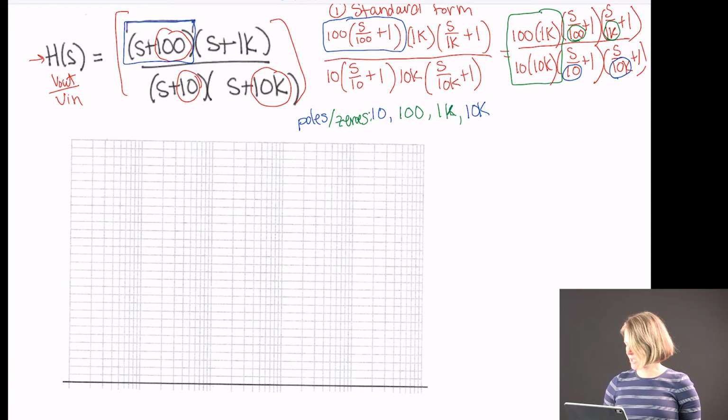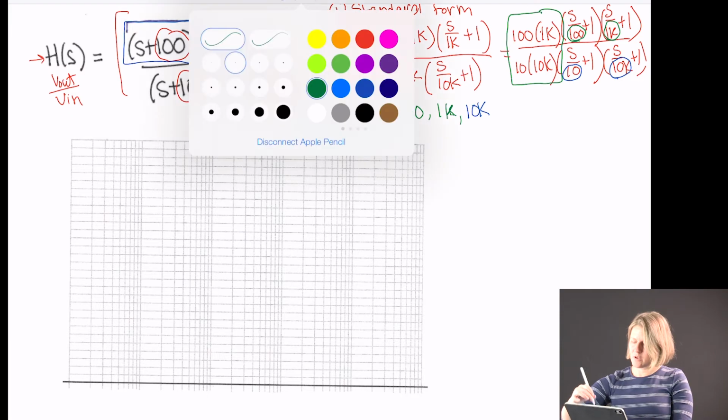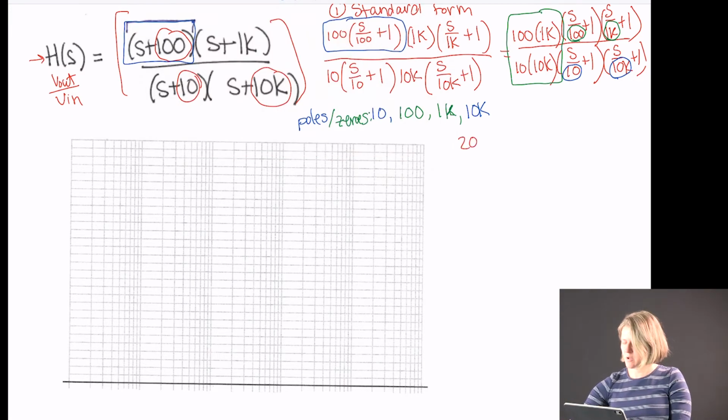And it is going to be in dB. So 20 log of this number gives me 0 dB.